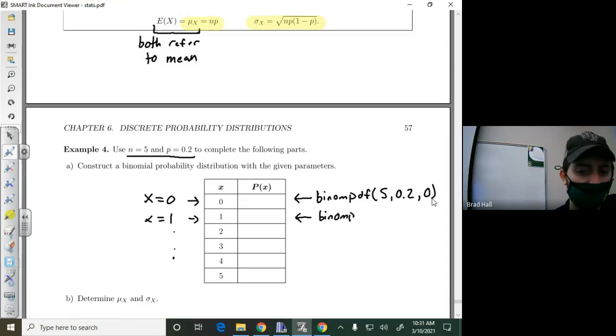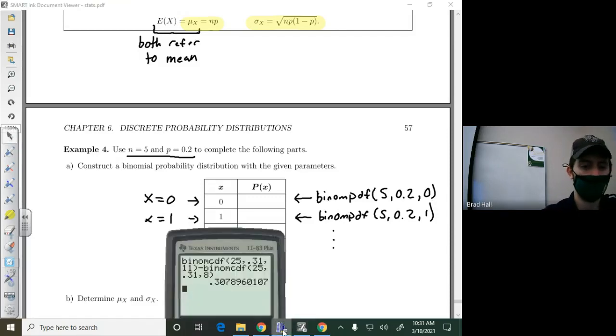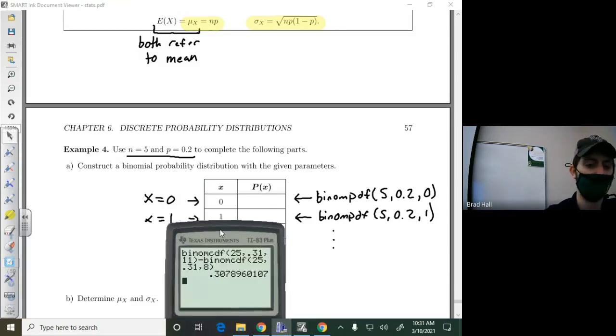And how each one of these changes is simply the lowercase x value that we have. So this part should be pretty easy so far.